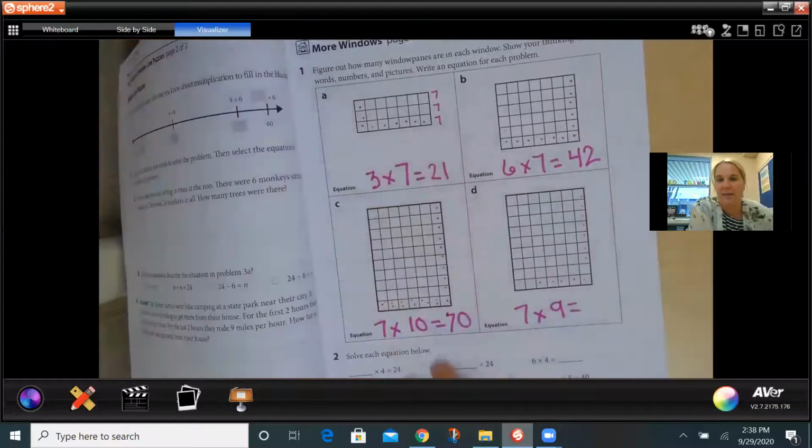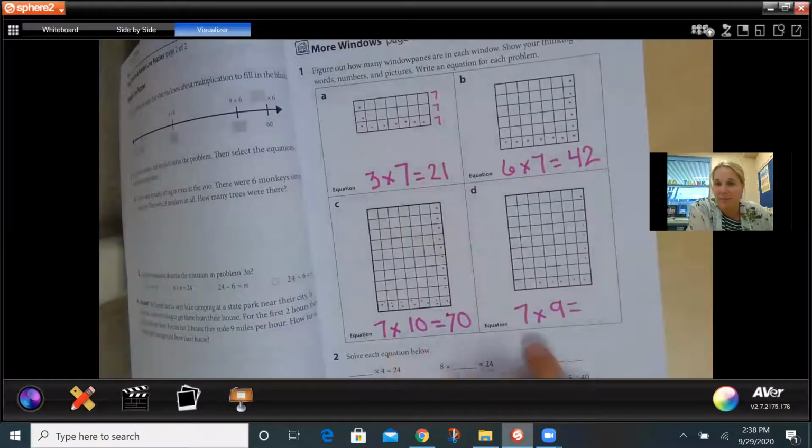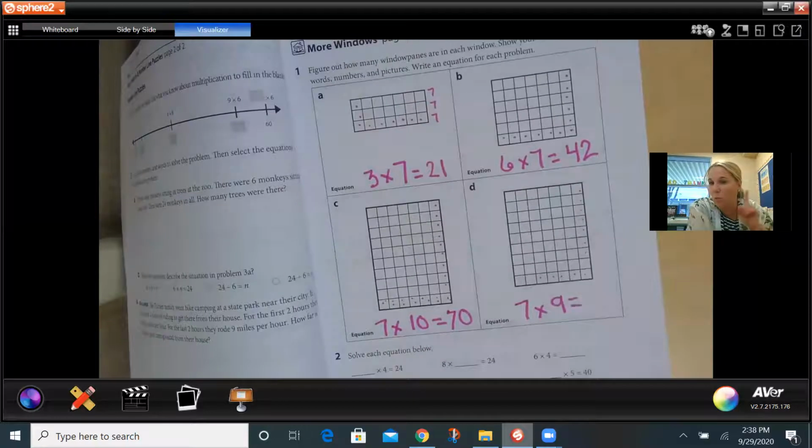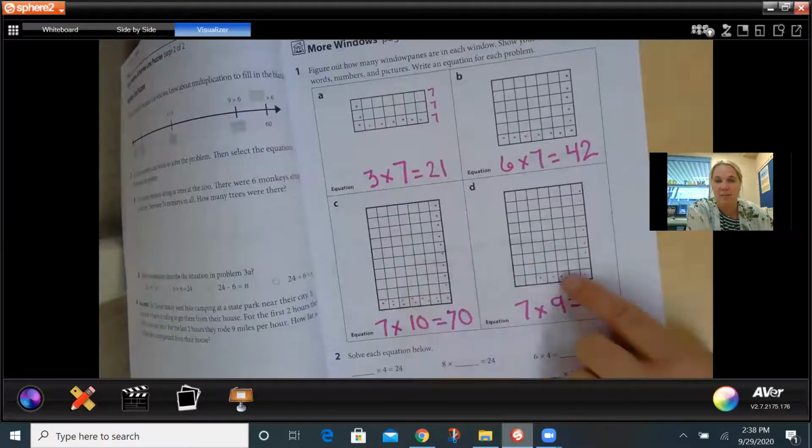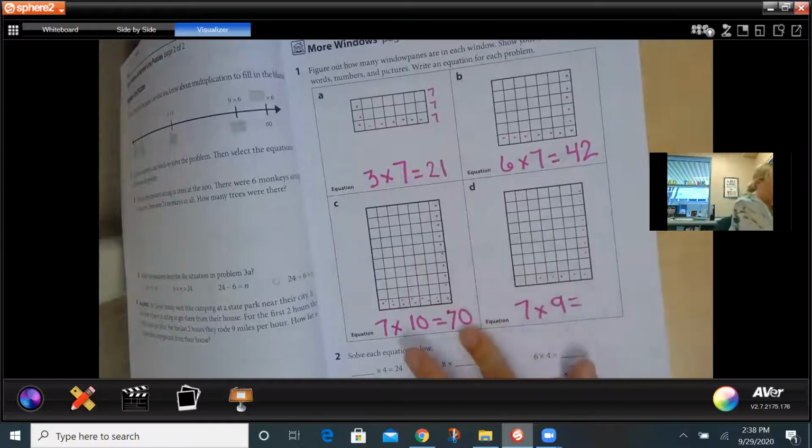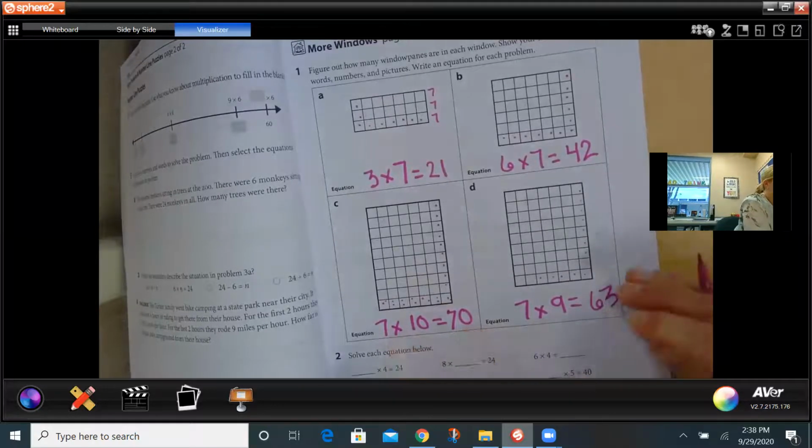It's the same thing. This is 10 groups of 7, and this one's only 9 groups of 7. So we need one less group of 7. And you can see it in the picture. Look, this one group of 7 is gone. So if we subtract 7, we would get 63.